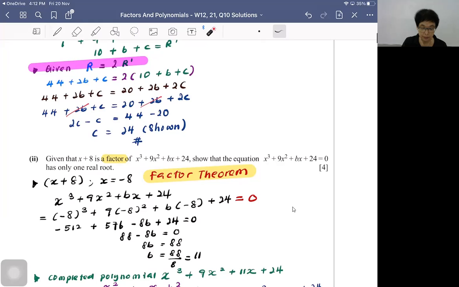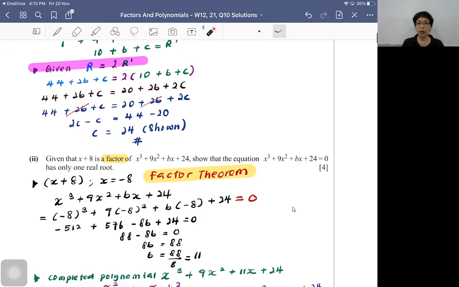Given that x plus 8 is a factor of x cubed plus 9x squared plus bx plus 24, show that the equation x cubed plus 9x squared plus bx plus 24 equals 0 has only one real root. Well, now it has given us a polynomial equation.